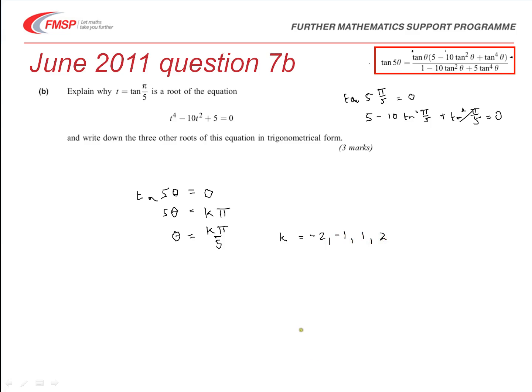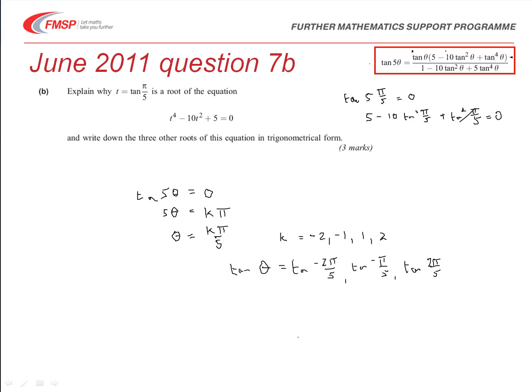Okay, and we could therefore write down the other 3 solutions that we want as being tan theta as being the tan of minus 2 pi over 5, tan of minus pi over 5, and tan of 2 pi over 5.